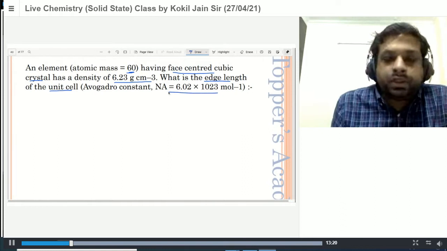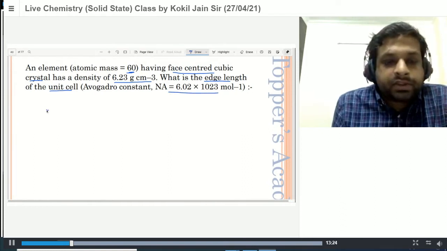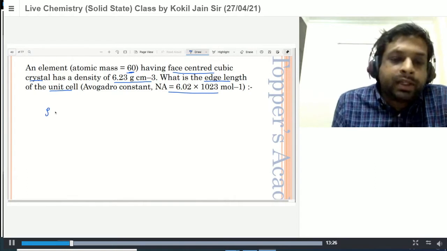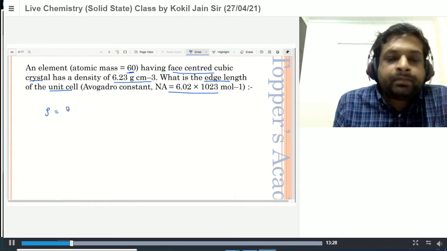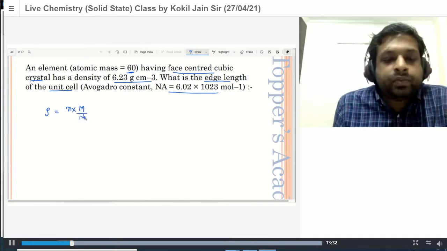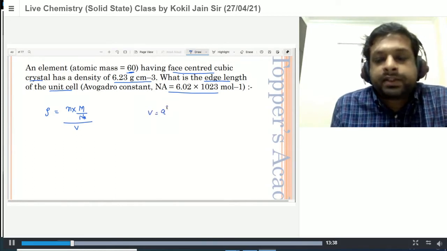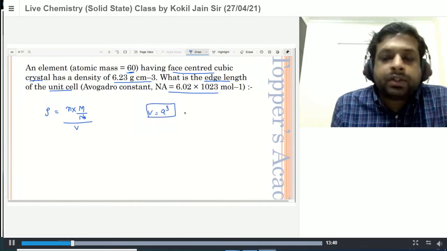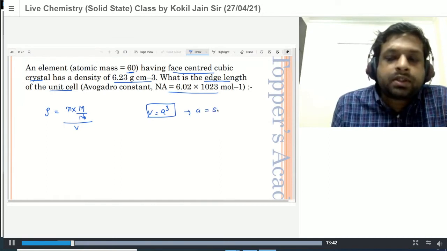Just now we saw the formula: density equals n times M divided by a cubed times N A. The volume V for any cubic crystal is a cubed, where a is the side of the unit cell.